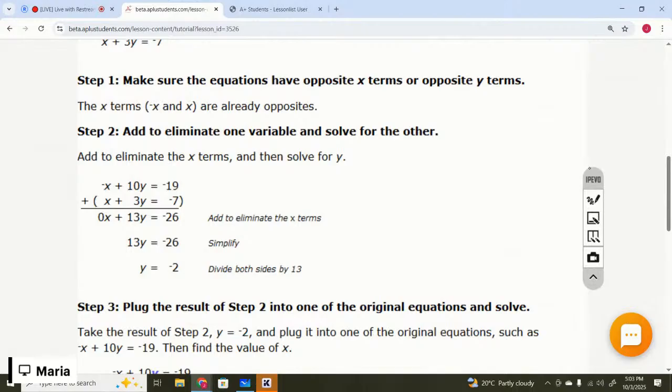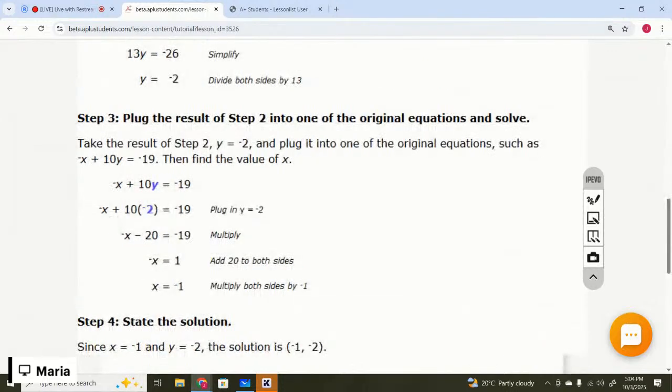So x minus x is 0. 10 plus 3 is 13, that is 13y equals negative 26. So y equals negative 2. Now substitute y equals negative 2 in any of the equations and calculate the value of x.